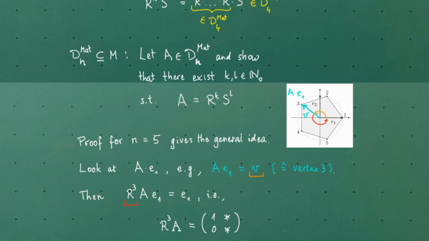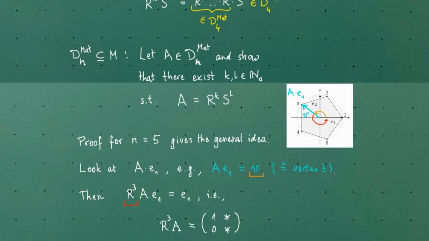In this case, I need to rotate it by 1, 2, 3 times alpha, where alpha is 360 degrees divided by 5, because we have n equals 5, so 72 degrees. If I rotate this by 72 degrees, I'm here. Another 72 degrees, I'm here. And another 72 degrees, I'm at my original vector E1.